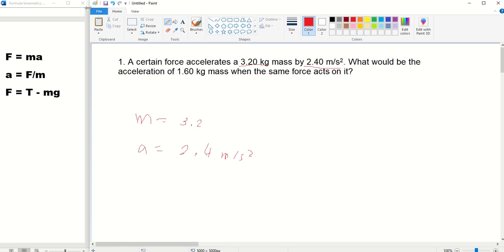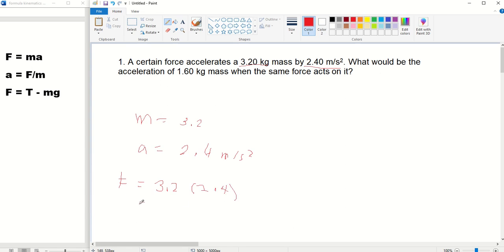So ngayon, ang first step to solve this problem is to solve for the force. So bali direct substitution lang. Force is equal to mass times acceleration. So gagawin lang natin is 3.2 times 2.4. Then makukuha na natin yung force.